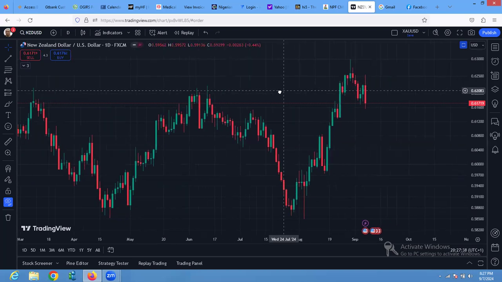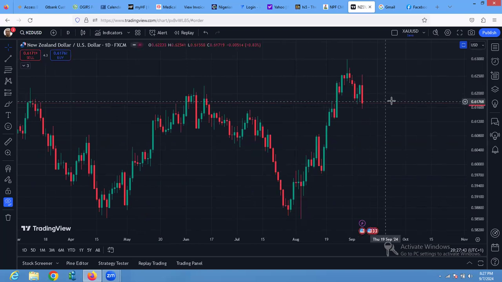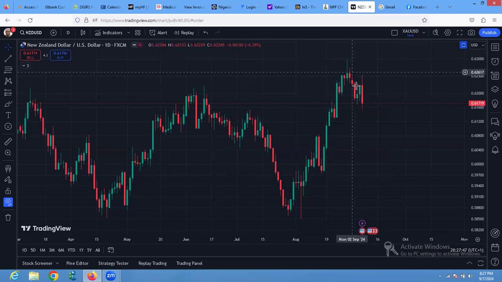We don't want to be caught in a losing position. This had come down. This could be a more complex correction, and this may just try to continue to go to the downside.